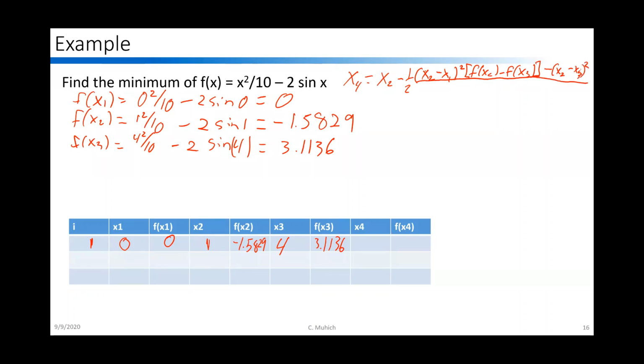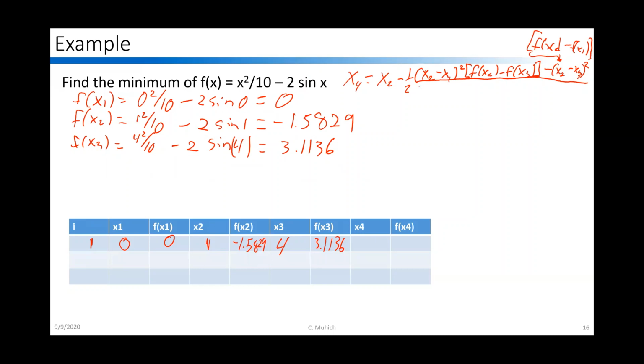Ran out of space, times f of x2 minus f of x1.